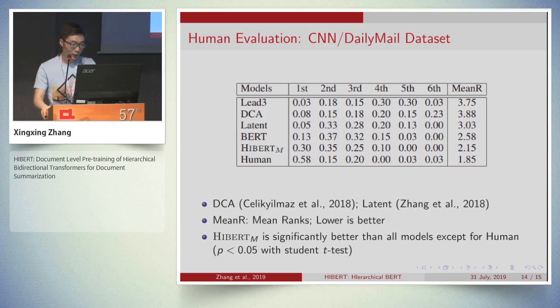Then BERT and HIBERT M. And lastly, the human reference as the upper bound of this task. We asked the subjects to rank the outputs of the 6 models. We can see that HIBERT M obtained the best mean rank, lower is better, compared to the other models except for human. And the differences are significant.